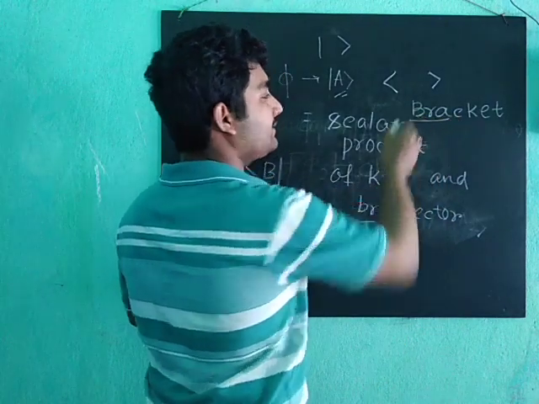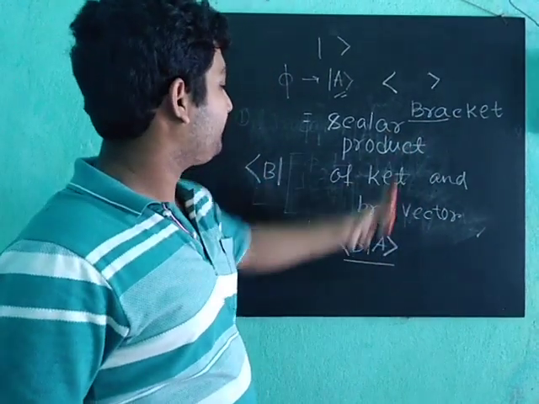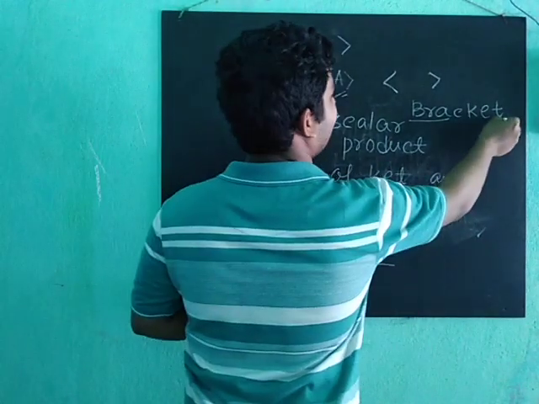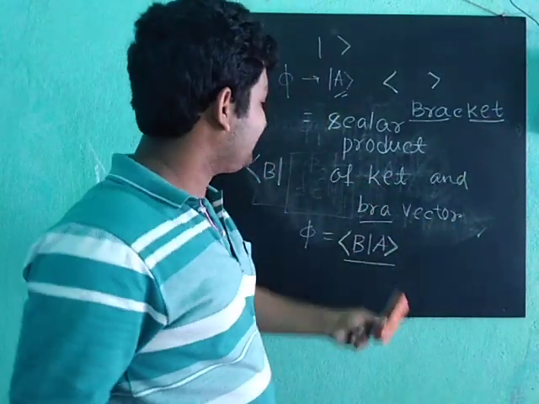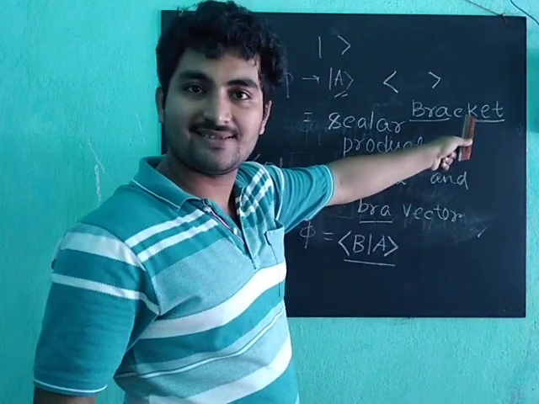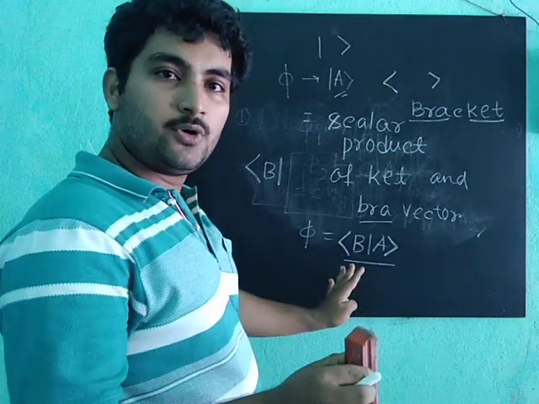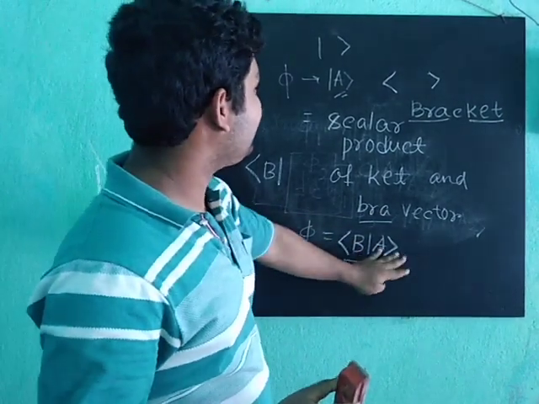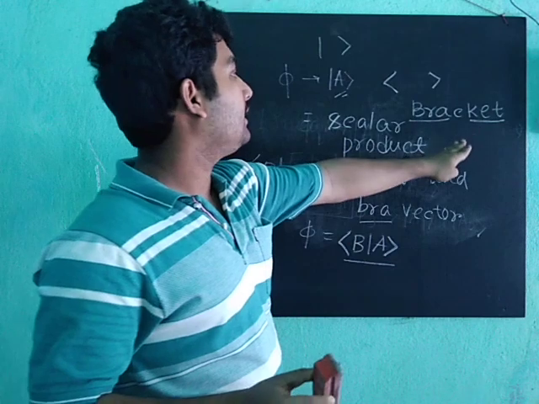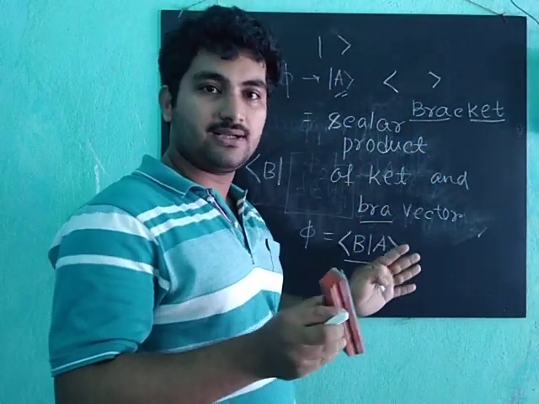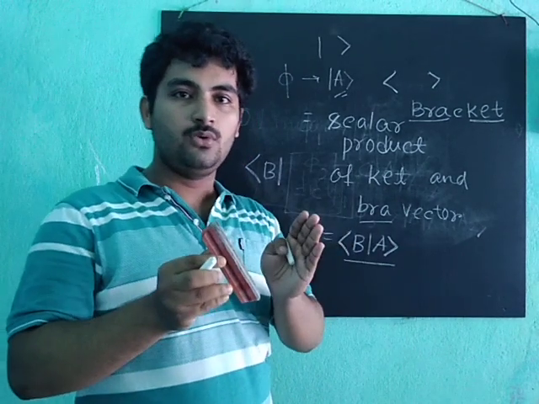Bra comes from the first three letters, bra, and ket is the last three letters, ket. I don't know what happened to the letter C. So this is the scalar product and is denoted by this, and this is a bracket. The first part is a bra vector, and the second is a ket vector. Now I have told you about this new vector.